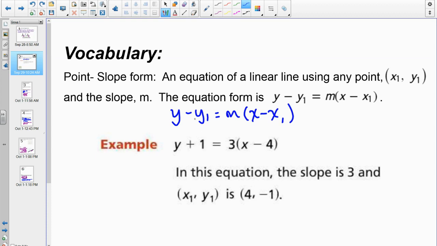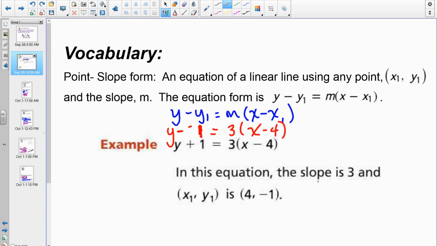Now, your x1, notice that it says 1 here, but it says an addition. So how do I make the subtraction become an addition problem? Well, the only way that happens is if you subtract a negative, because mathematically, the opposite of a negative turns into addition. So that's why this is a plus sign here. That equals 3 times x minus 4.